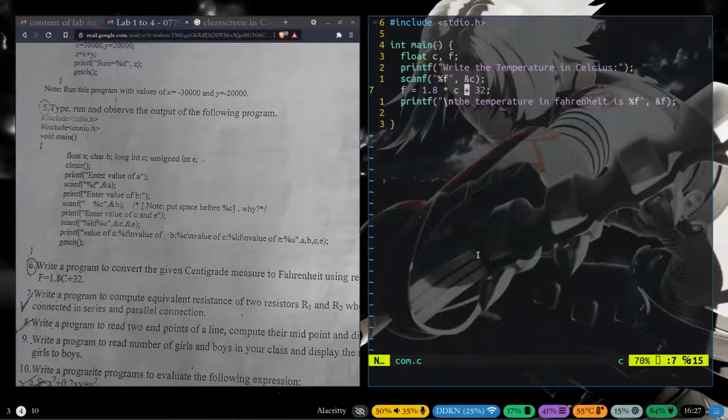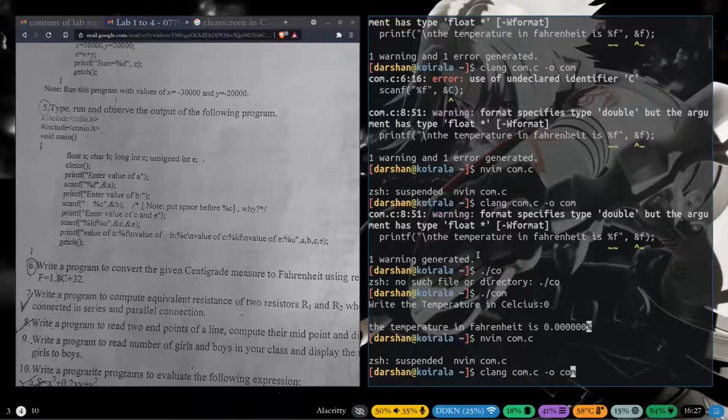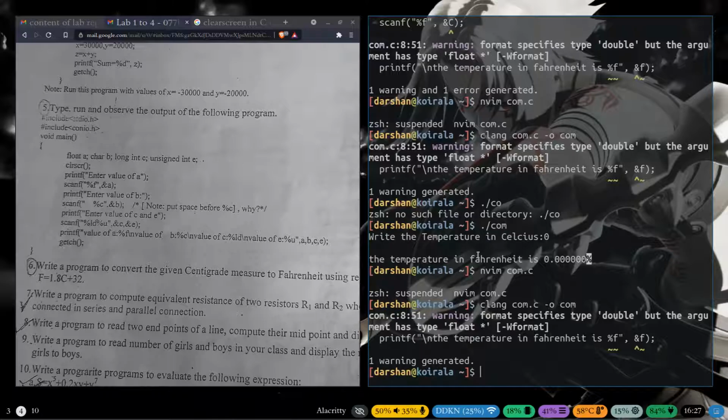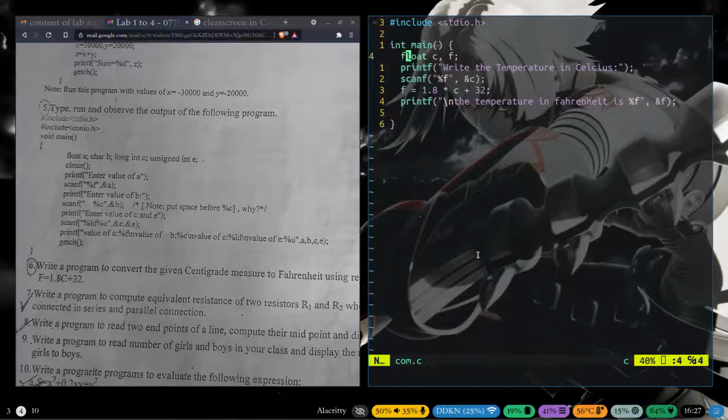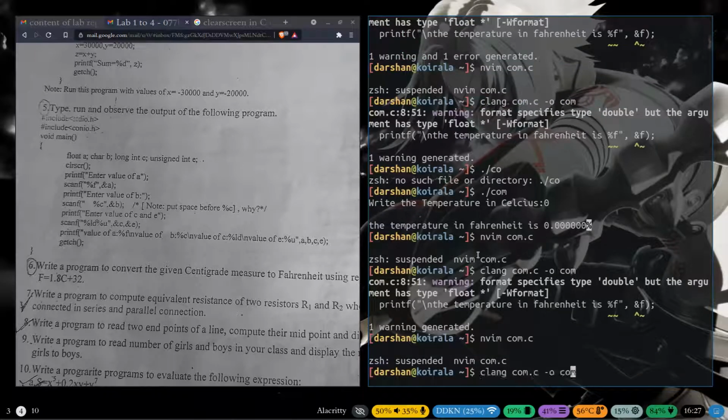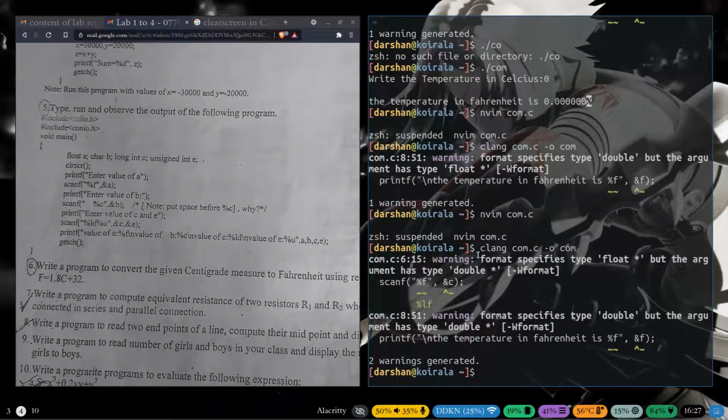Oh man, what is the problem? Format specifies type double, but the argument has type float. Okay, I'll just type this double. And so double star. Okay.